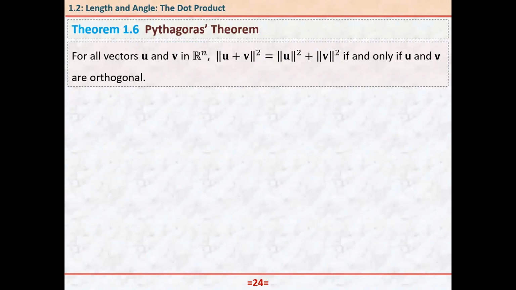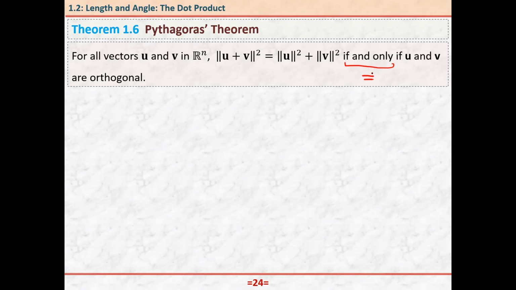Pythagoras theorem. Okay, why is this the Pythagoras theorem? Because it looks like the Pythagorean theorem in trigonometry or geometry. For all vectors u and v in Rn, it says that the square of the norm of the sum of two vectors is equal to the sum of the squares of the norms of those vectors, if and only if, and that is important in math, the vectors are orthogonal.